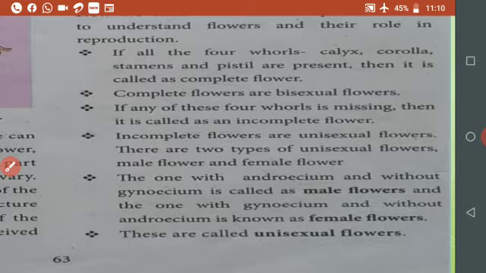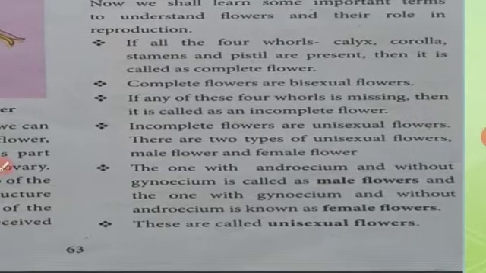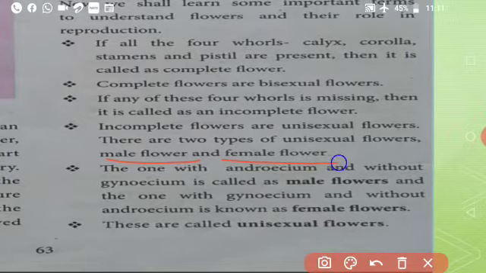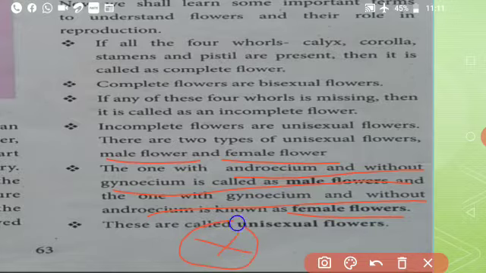Incomplete flowers are called unisexual flowers. There are 2 types of unisexual flowers: male flowers and female flowers. The one with androecium and without gynoecium is called a male flower, and the one with gynoecium and without androecium is known as a female flower. These are called unisexual flowers.